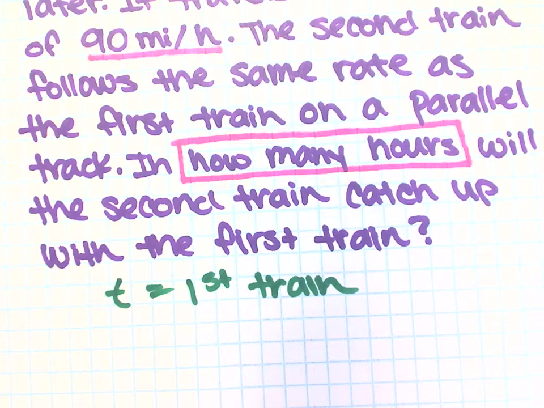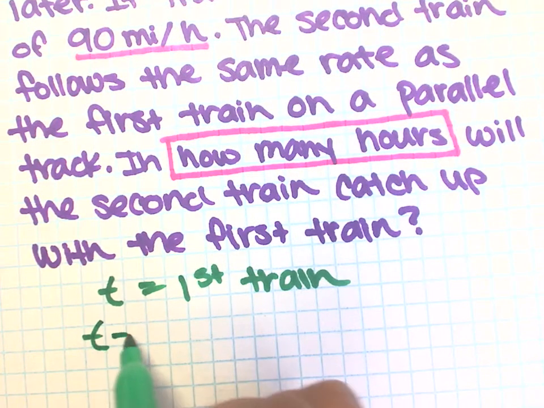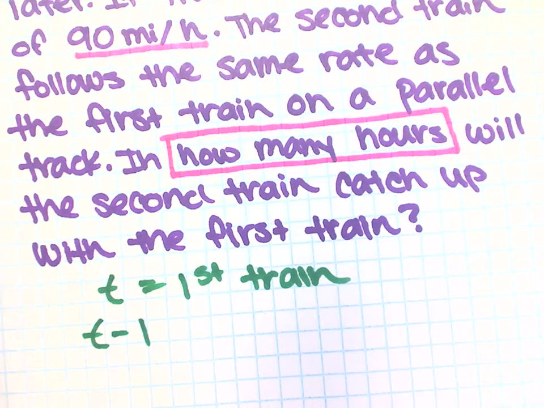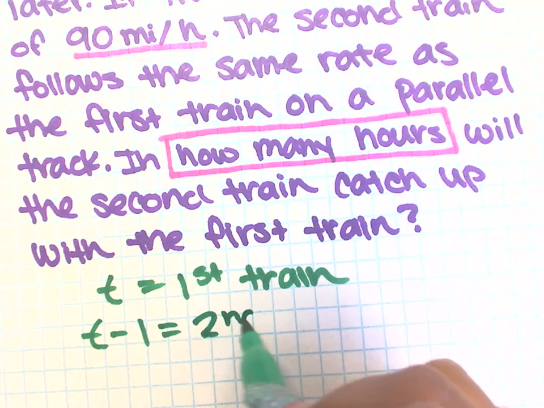Now, we need a variable to represent the second train. But what's different about the second train? Did they leave at the same time? Nope. Second train left an hour later. So if you're leaving later, it's going to be T minus, it's 1 hour behind. Think behind, negative. So T minus 1 is going to be the second train.